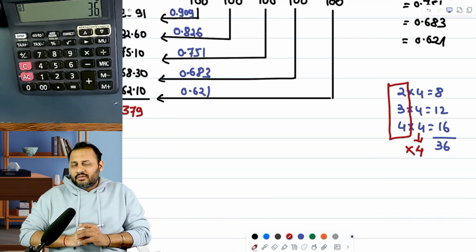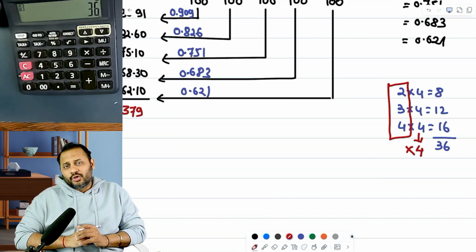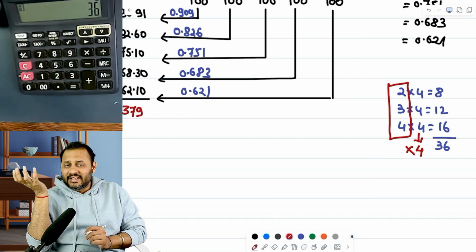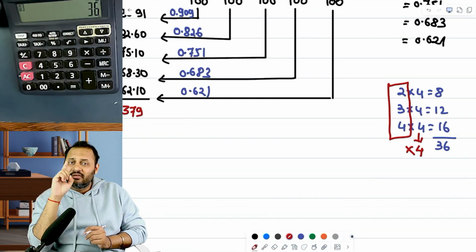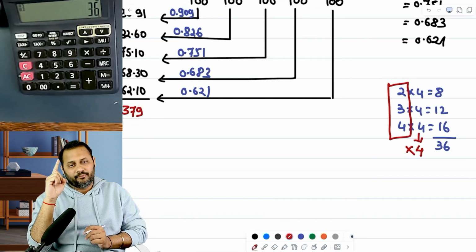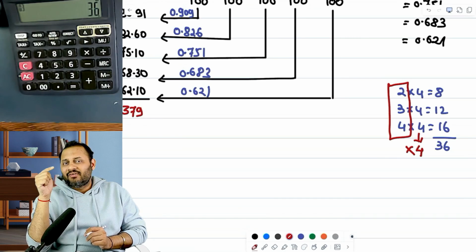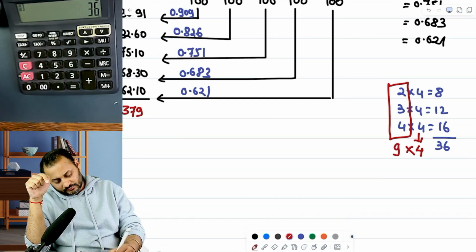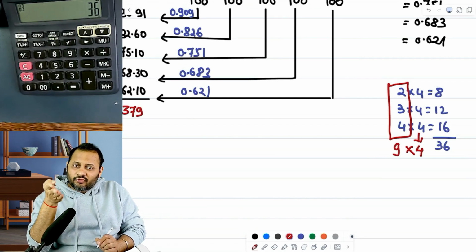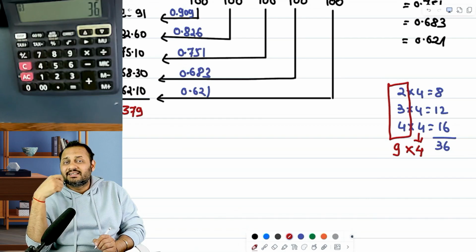Because every variable is being multiplied with 4, I can do the total of those variables and multiply it only once with 4. So 2 plus 3, 5 plus 4, 9. And now you multiply 9 with 4, you will get the same answer, that is 36.